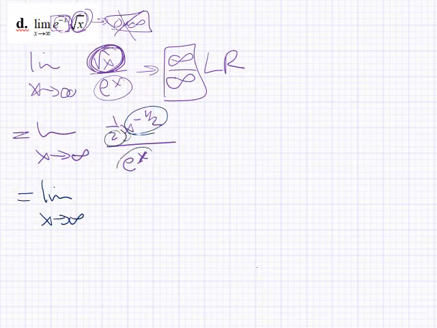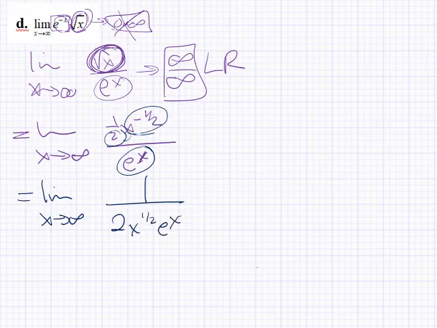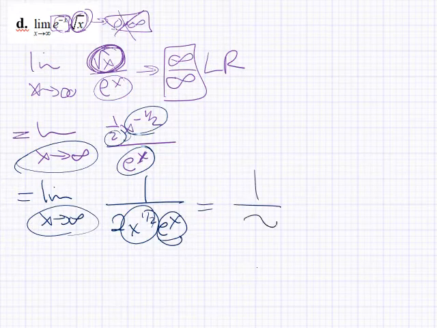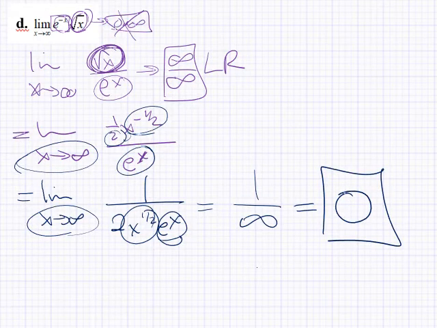The 2 is already in the denominator, and e to the x is as well. So really what this is, is 2 x to the 1/2 e to the x. It's always better to simplify before you really think about what's happening with x. So now x is going to infinity. This is getting bigger. This is getting bigger. So the whole denominator is getting bigger, which is really getting closer and closer to 0.